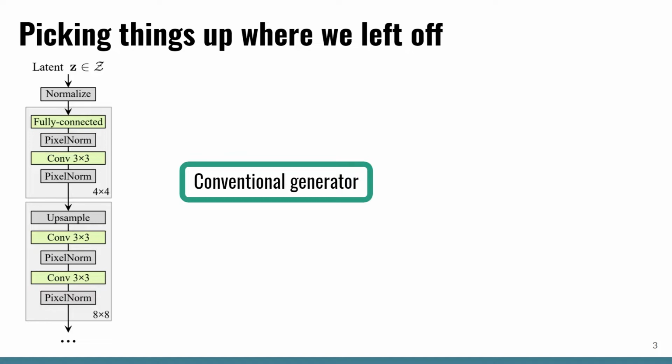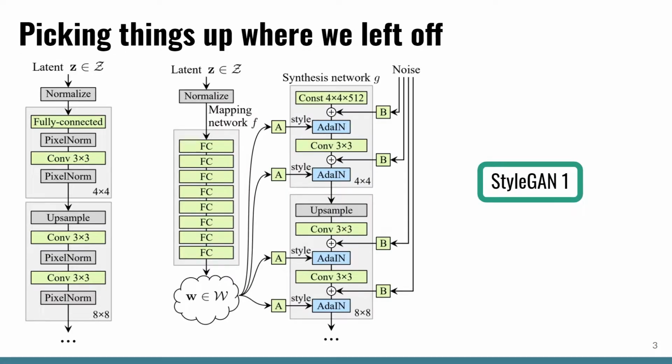Usually a generator that is not a style generator starts from a latent variable that is fed into the main body of the network. Then you process this latent variable first at a certain low resolution, then upsample, process again, etc. That is the conventional generator. Now, of course, there exist a lot of different versions of this. They mostly come down to this.